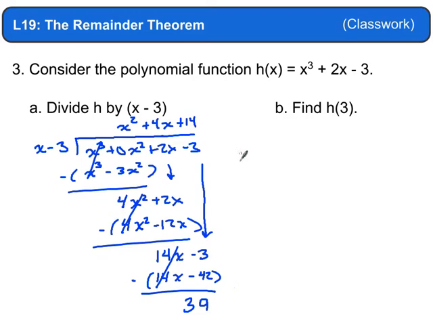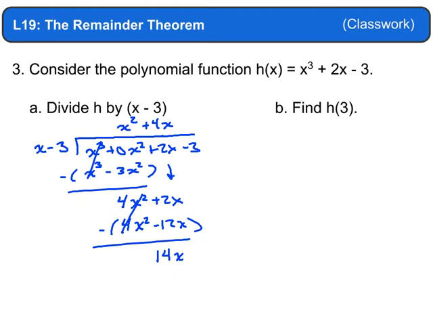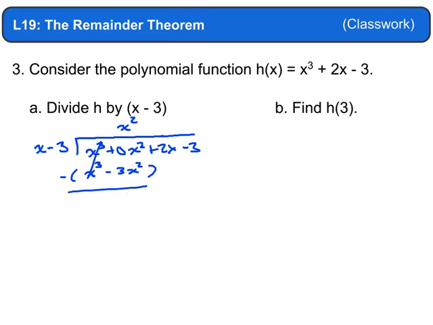Oh, I see why. Let's go back. I had a copy error way back at the beginning. Right here. Want to make sure we get that right. 0 minus negative 3 is 3x squared, not 4x squared. We bring down our 2x. This becomes a 3x.